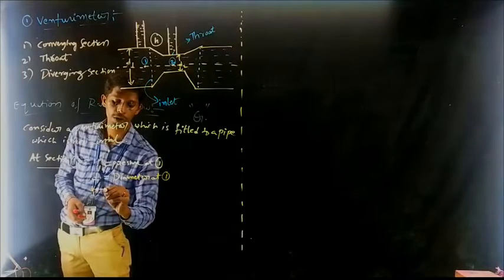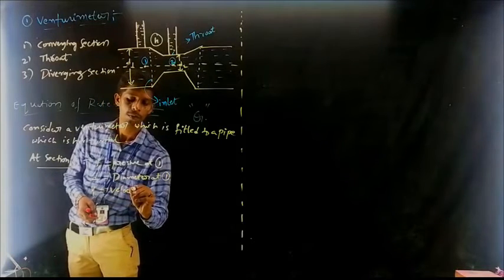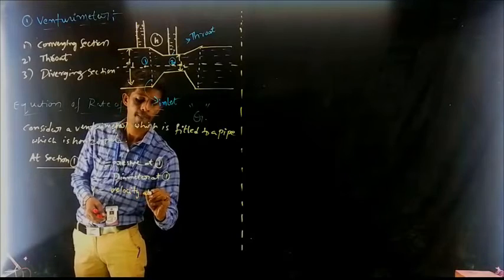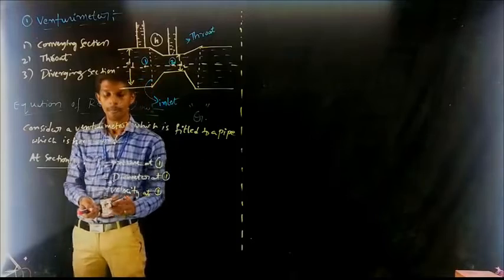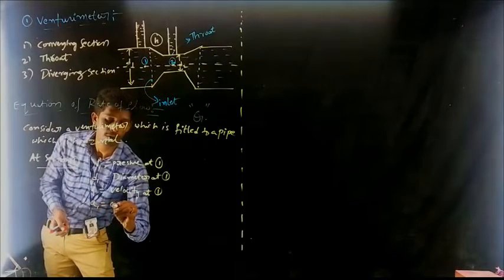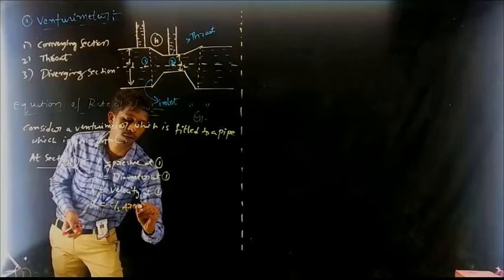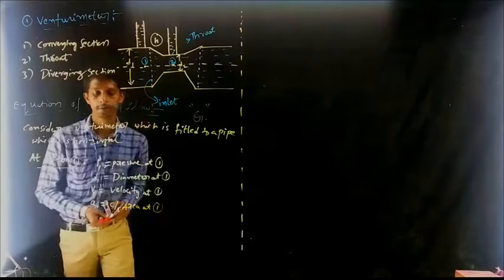And V1 will be the velocity of the particular fluid at section 1 and A1 will be the cross sectional area at 1.